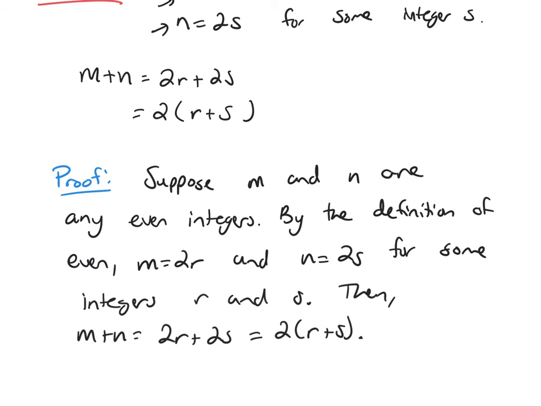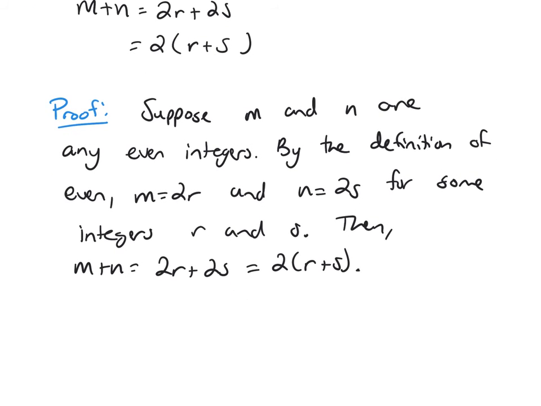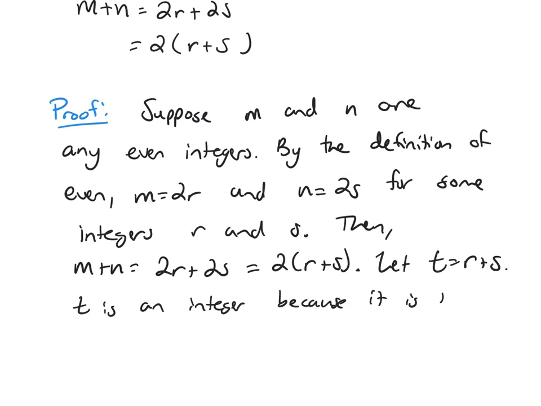And now I'm going to relabel this thing in parentheses here. I'm going to call it t. Let t be r plus s. Now we need to explain why t is an integer. T is an integer because it is the sum of integers. Hence, what do we have?